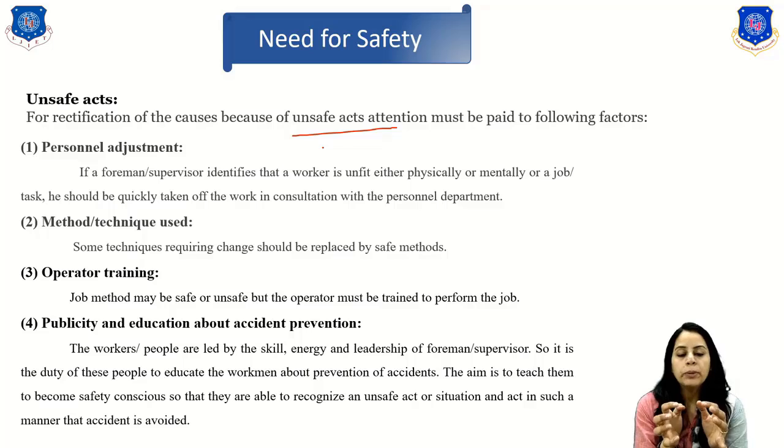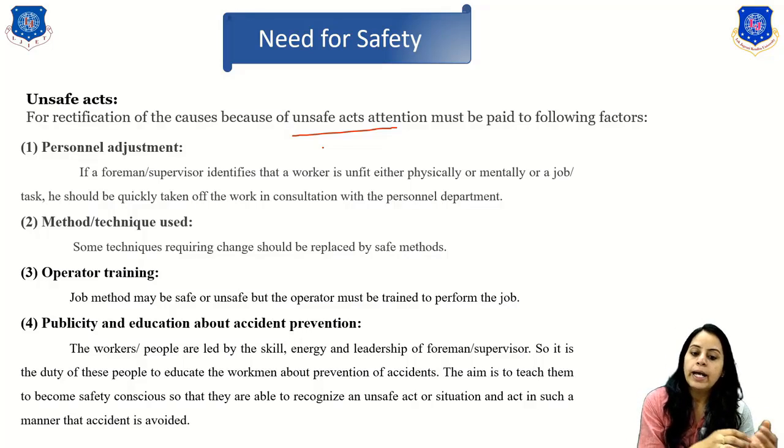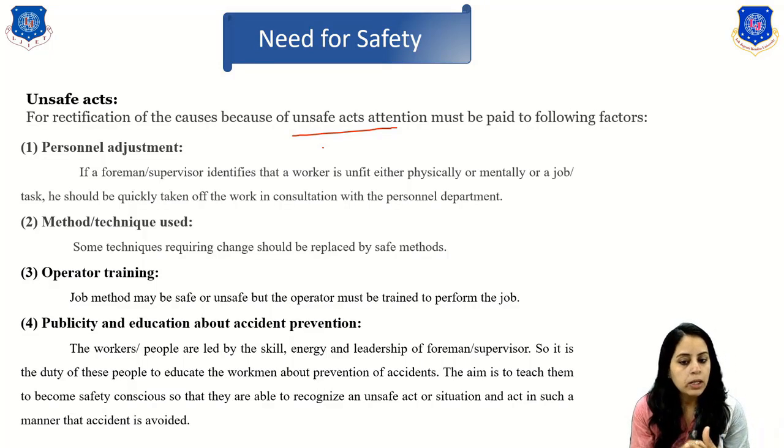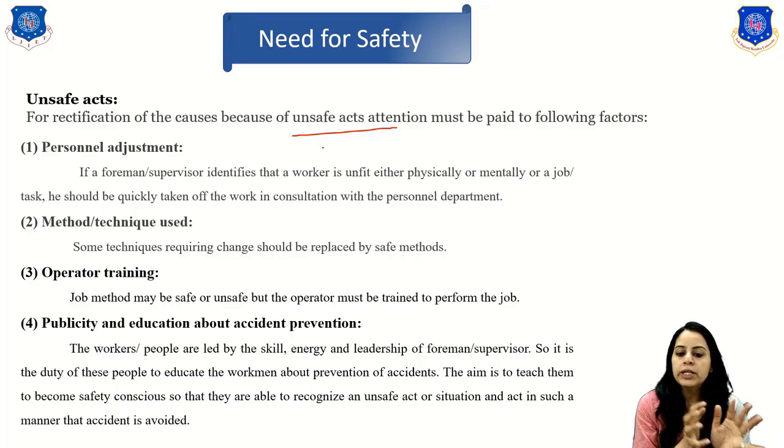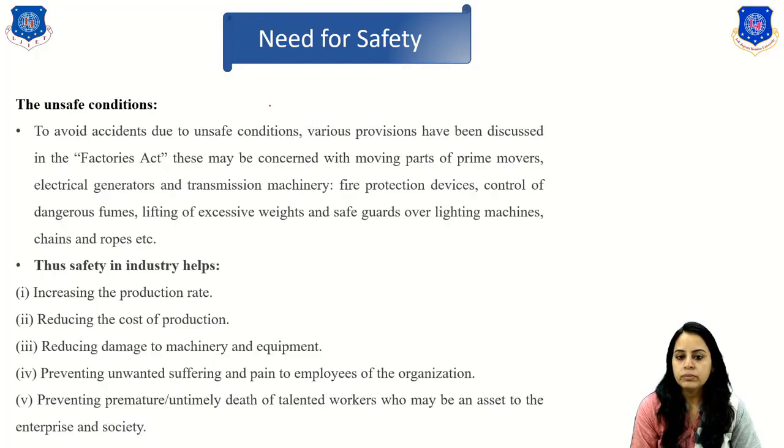Workers are led by the skill, energy and leadership of the foreman and supervisor, so it is their duty to educate the workman about accident prevention. The aim is to teach them to become safety conscious, so that they are able to recognize an unsafe act or situation and act in such a manner that accidents are avoided.